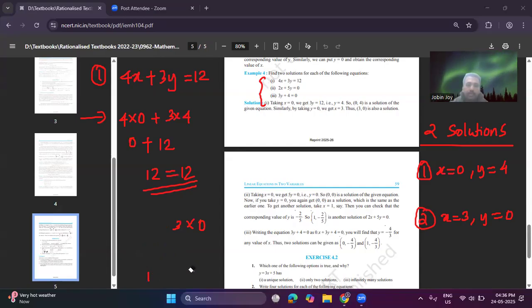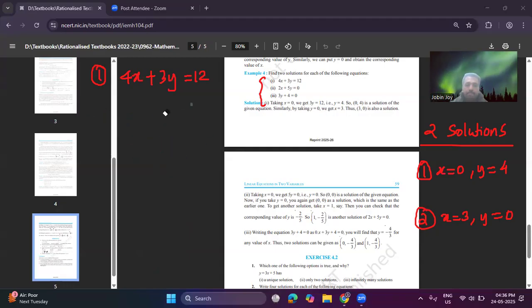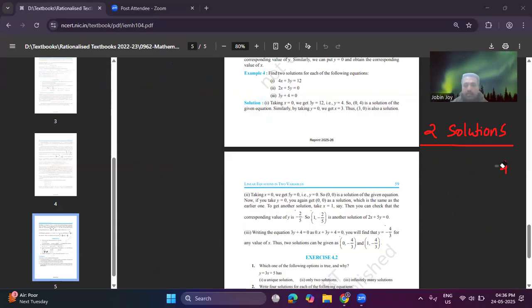Okay, so we will start with the second equation. So we need only two solutions. Second equation is 2x plus 5y is equal to 0.